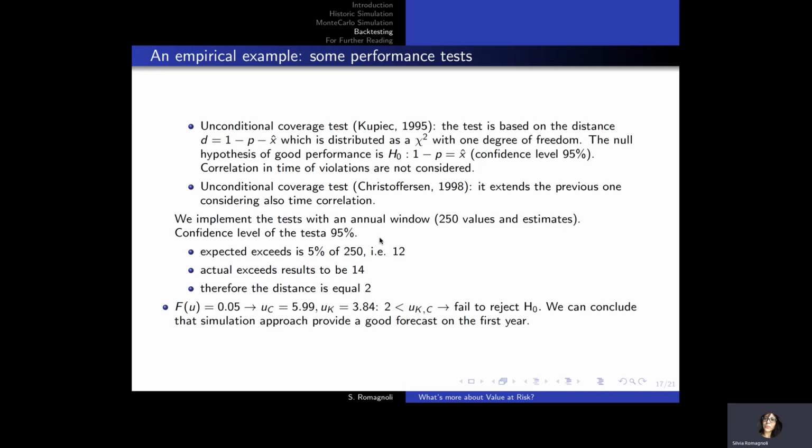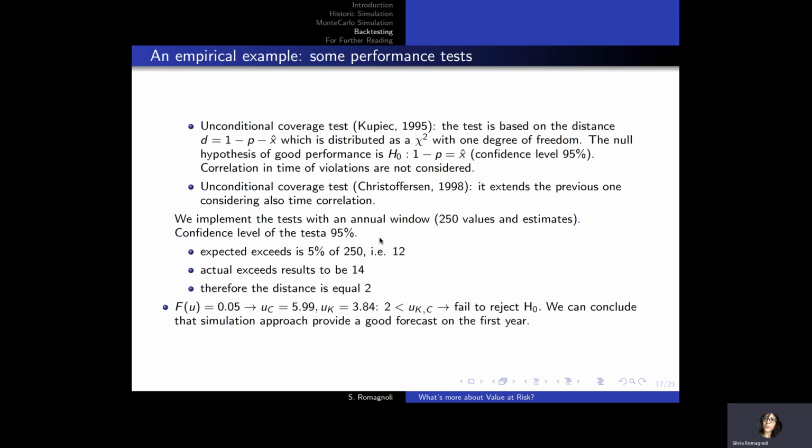And we implemented the test considering a confidence level equal to 95%. In our example, we have expected exceedances, which is 5% of 250, or 12, because we consider also a confidence level of 95% for the estimation of the value at risk.